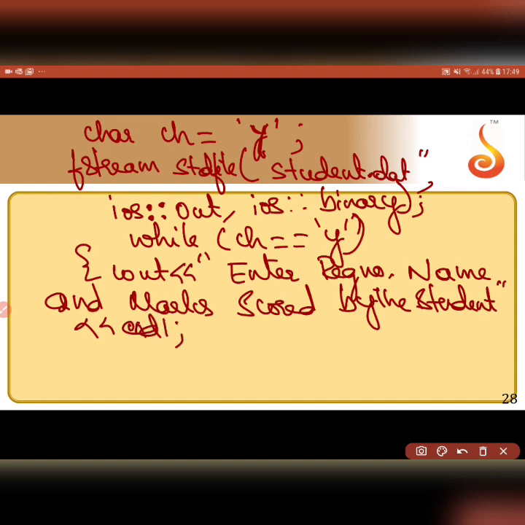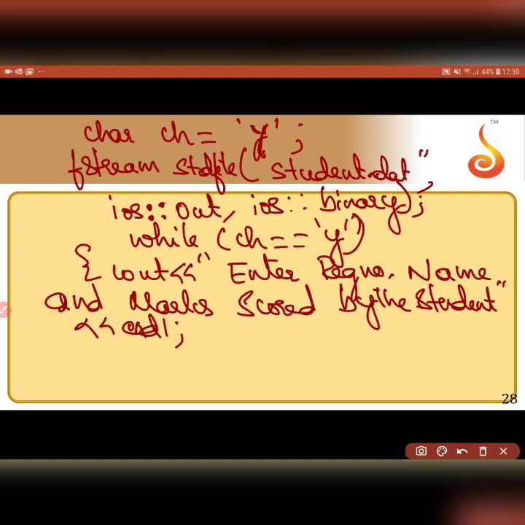So, while ch is double equal to y, cout, enter registration number, comma name and marks scored by the student. Fine. Then I need to take in that also.